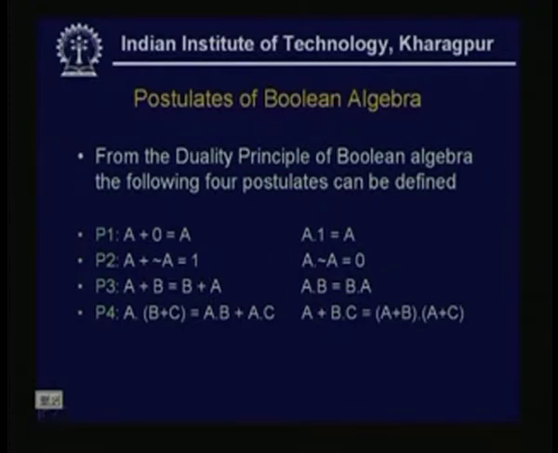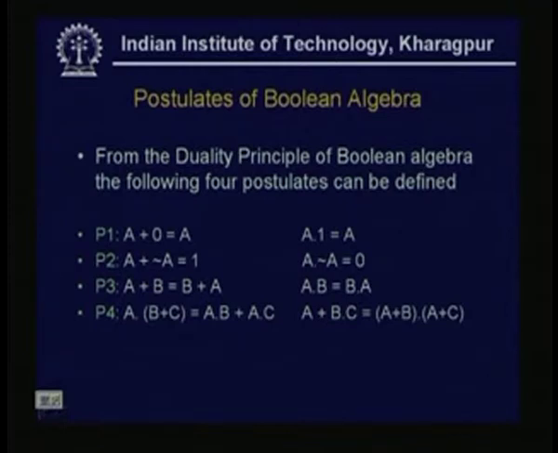So, if A is a Boolean variable, then A plus 0 is A, A plus negation A, means complemented A, is 1, A plus B is B plus A commutative, A dot B plus C is A dot B plus A dot C. Now, the counterpart for these 4 postulates are, this plus means already we have defined this is nothing but OR.